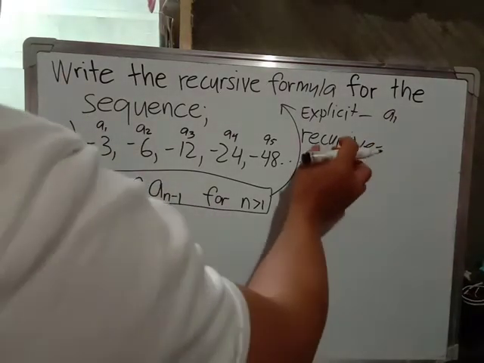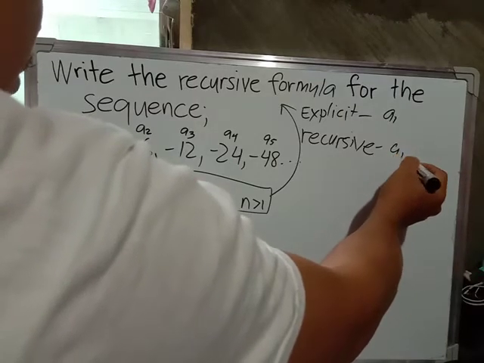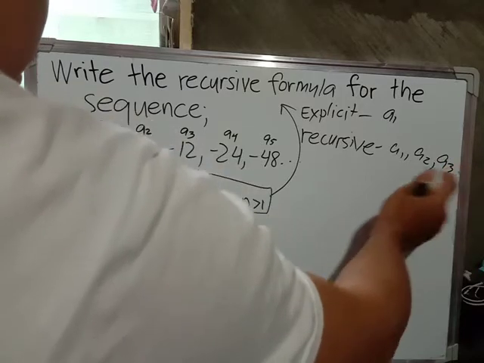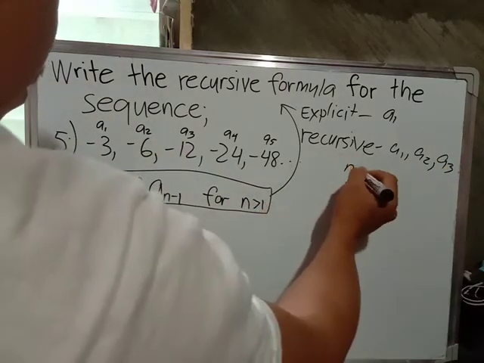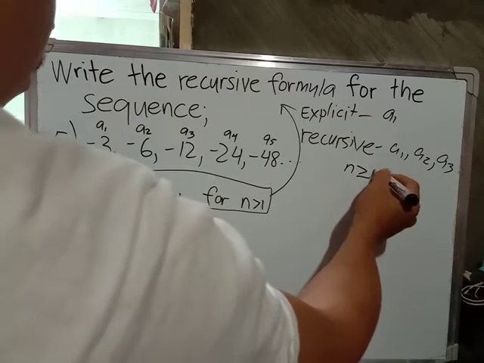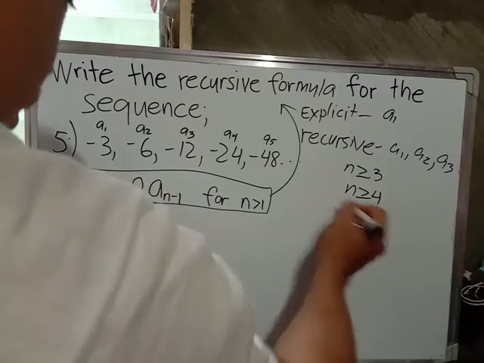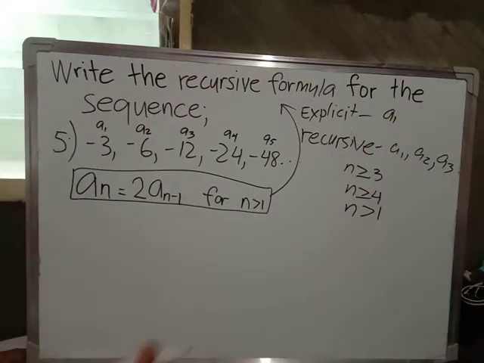Kaso, hindi mo siya magamit for either E1 or E2, or minsan nga, hindi mo siya magamit for E3 kasi may certain condition siya for n, could be n is greater than or equal to 3, or n is greater than or equal to 4, or katulad nito, n is greater than 1. So, hindi magamit for si E1. Yan lang po sa recursive formula ang pagkakaiba. Actually, same pa rin siyang formula to find the nth term of the sequence.